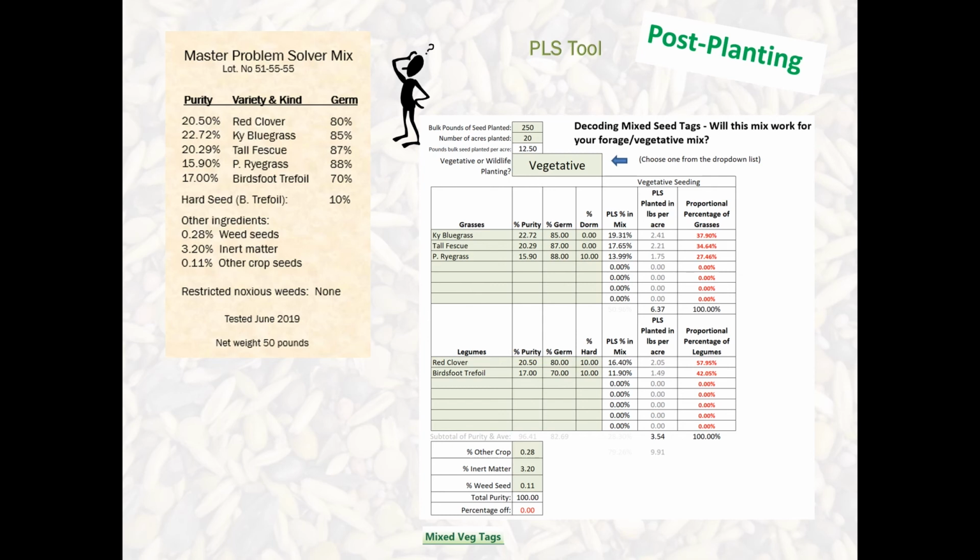First, if they tell you they planted 250 pounds of this seed mix, which is the bulk seed, on 20 acres, then you can put the information from the tag and this into the mixed bag tag tab. That's hard to say. And then take the proportional percentages and plug those into the appropriate seeding calculator on the planting side or the actual Pure Life seed pounds planted on the check and mix side.